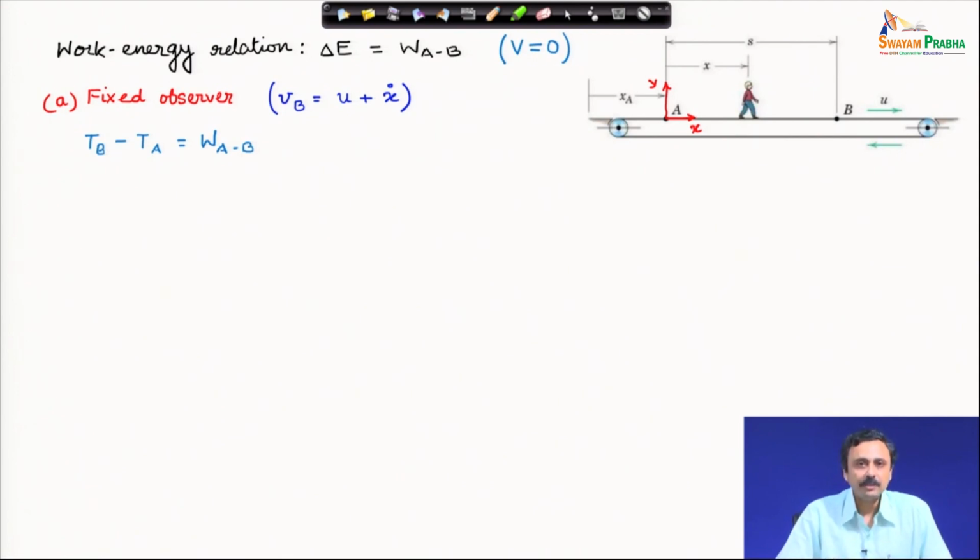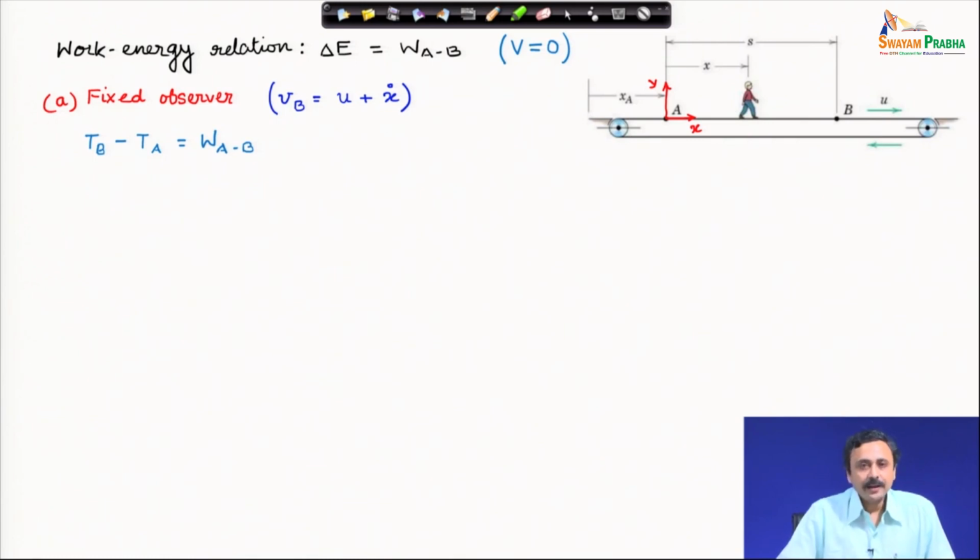This is the plain relative velocity concept in a non-rotating frame. The velocity of the walkway is u, which is constant, and x dot, marked in the figure, is the velocity of the boy relative to the walkway. Therefore, for a ground fixed observer, the velocity of the boy is u plus x dot.